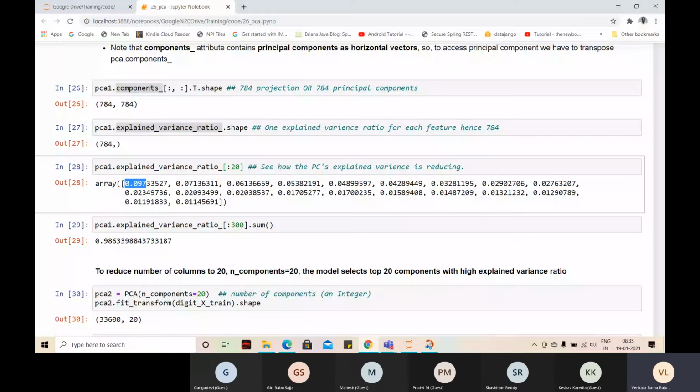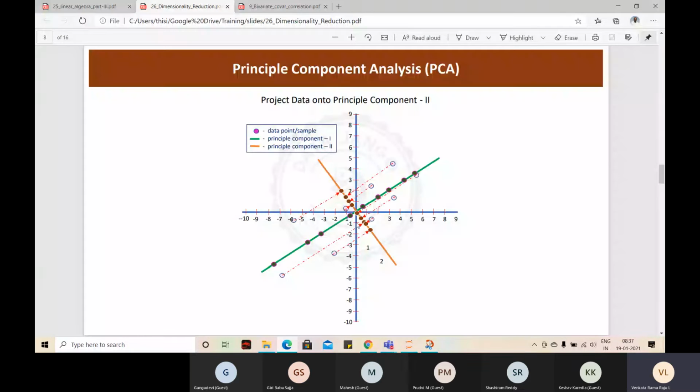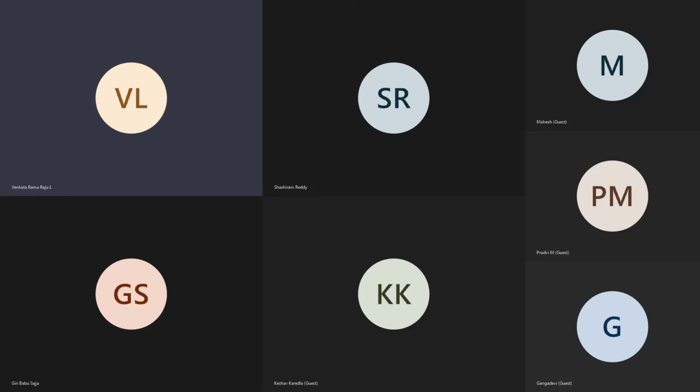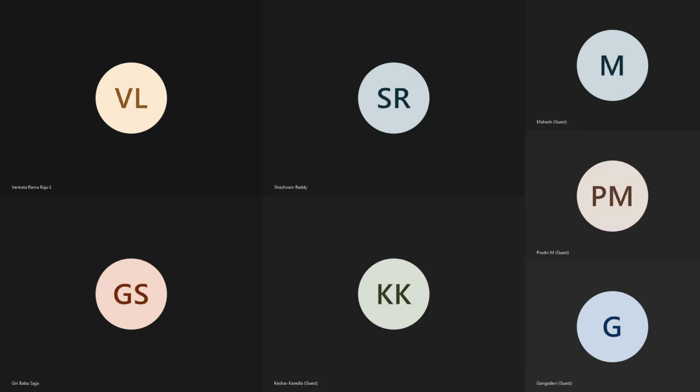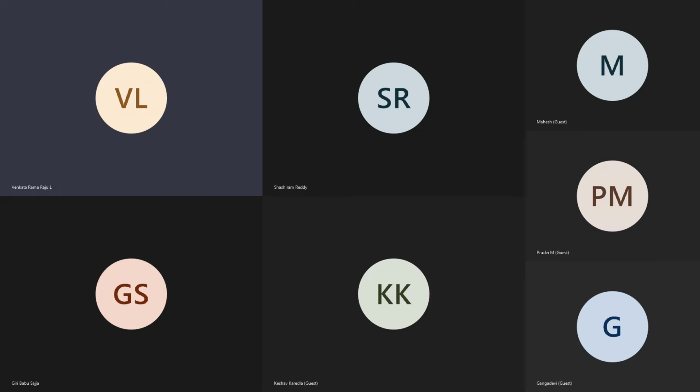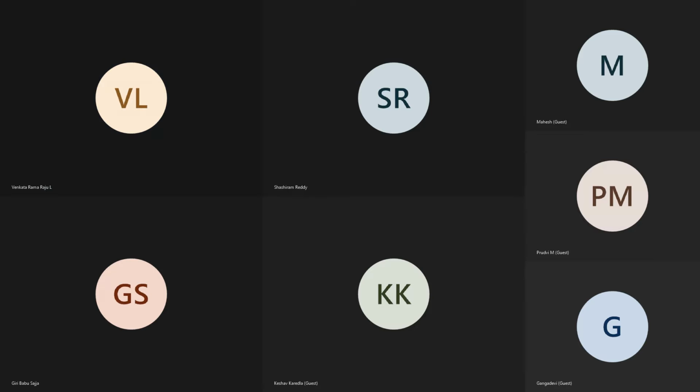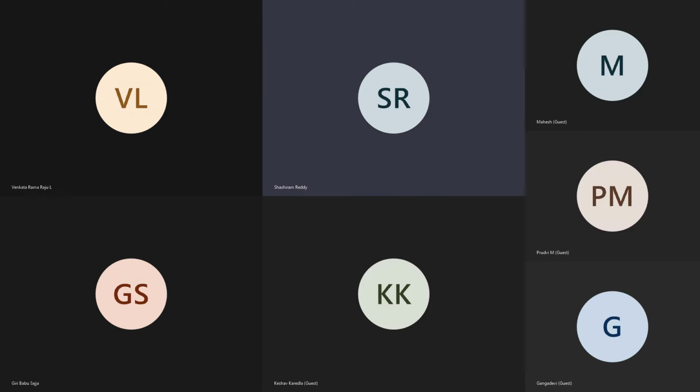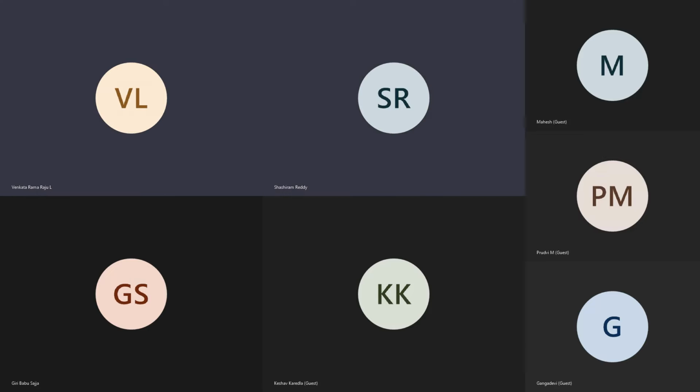Can you see my screen? No, I think the screen is stuck. The screen is frozen. Oh, okay. Let me stop sharing and start it again. Now it's visible, right? Is it visible now?